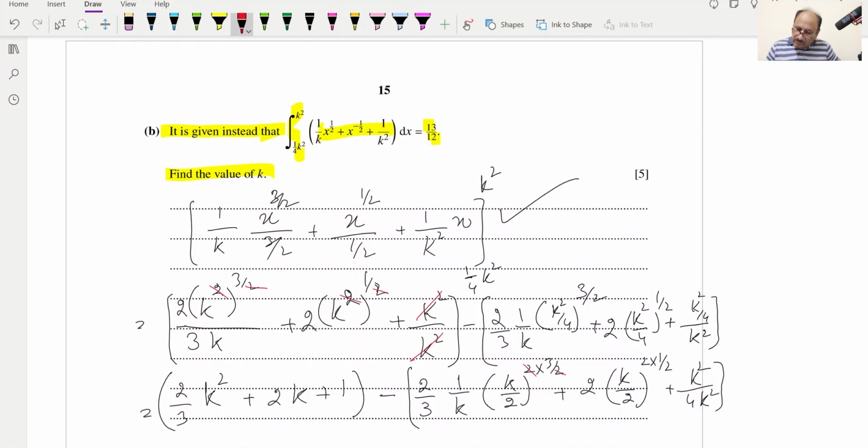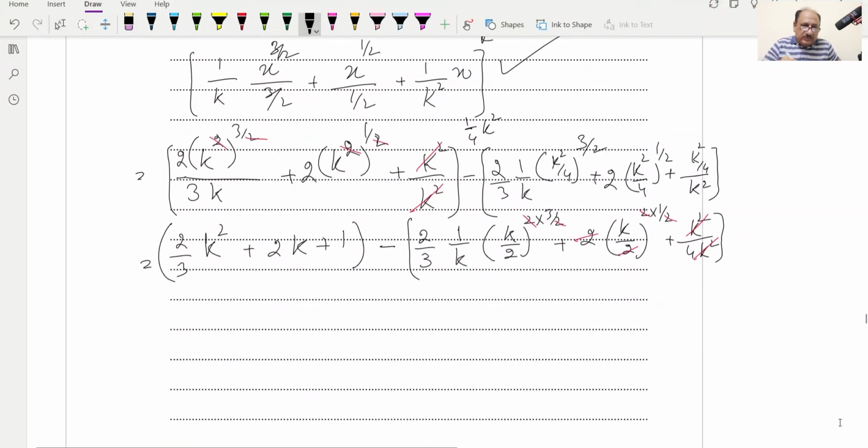This 2 will be cancelled with this 2, and this 2 will be cancelled with this, and k squared will be cancelled with k squared, and this 2 will be cancelled with this 2, and further what else can we cancel? Okay, so we can rewrite it as 2 over 3 k squared.